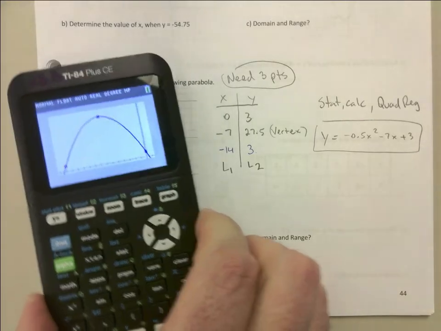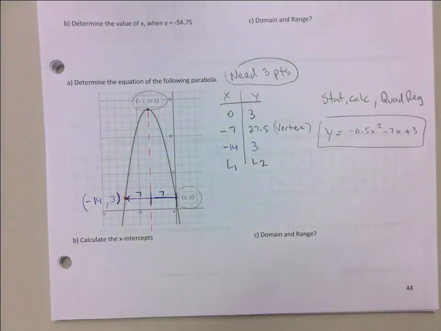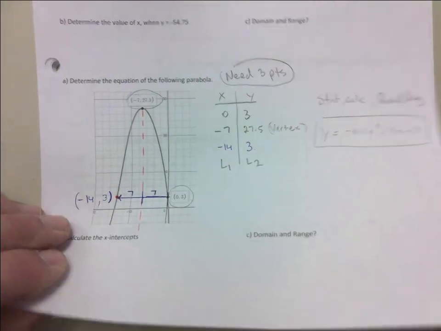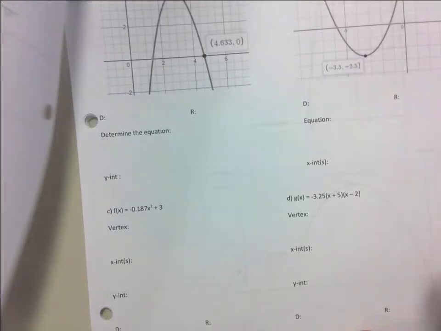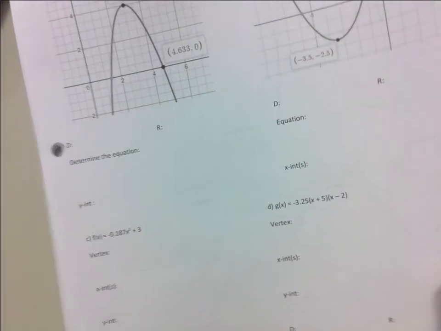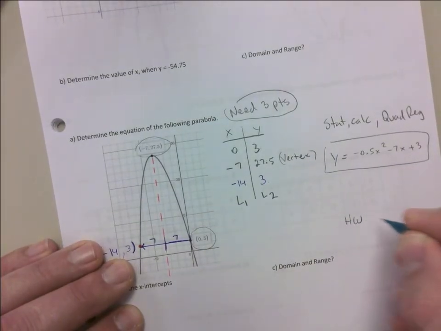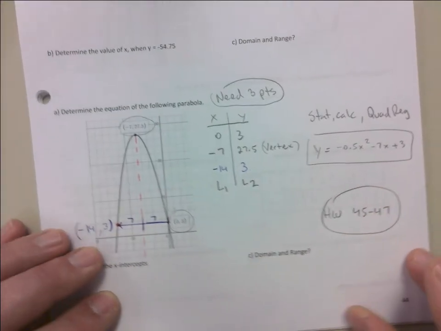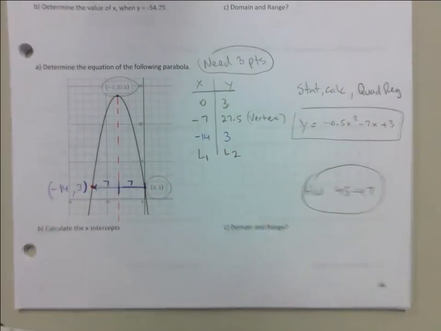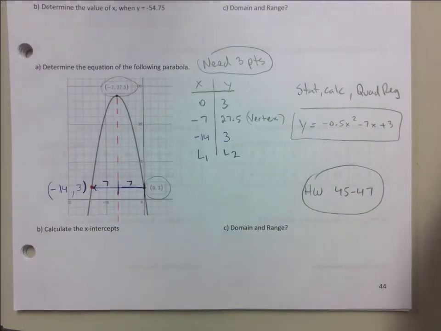Okay? Your homework is going to be, let's go to 45, I think 45, 46. 45 to 47 is your homework. 47 has some domain and range review based on a word problem, okay?